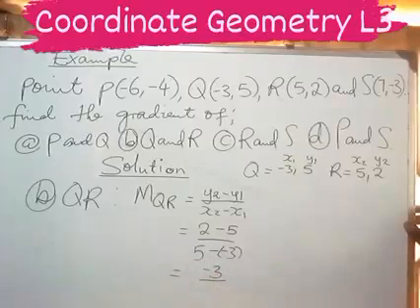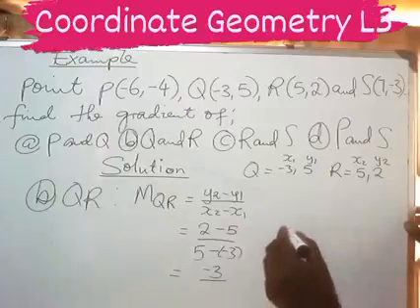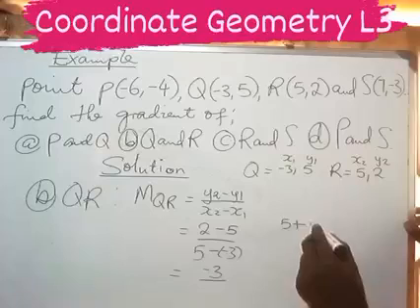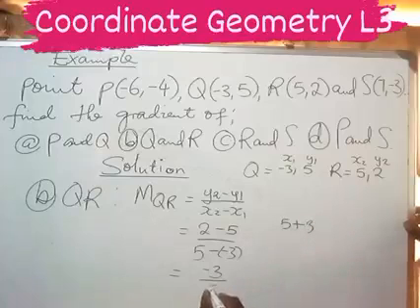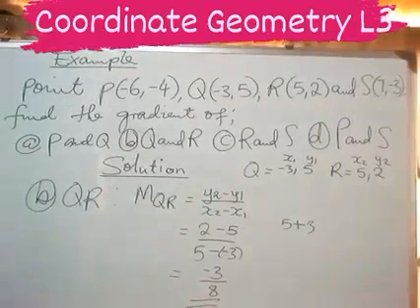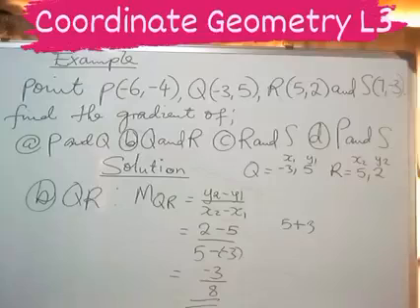Then 5 minus negative 3 is the same as 5 plus 3, so the answer is 8. This marks the end of this question. The answer is negative 3 over 8.